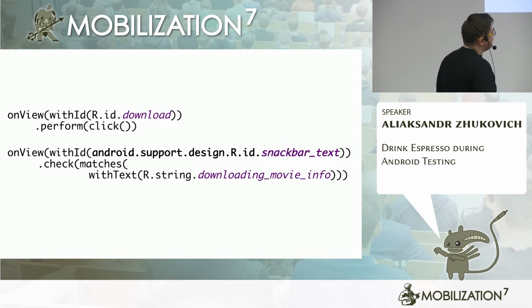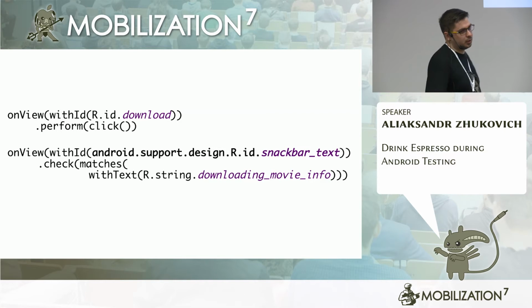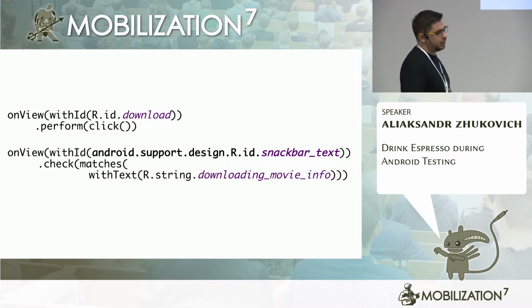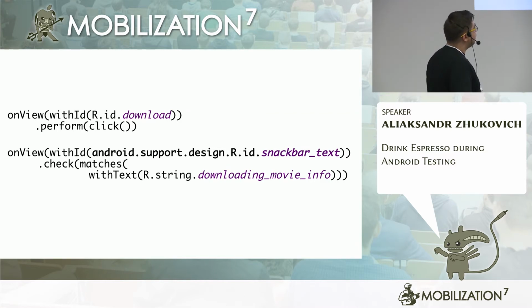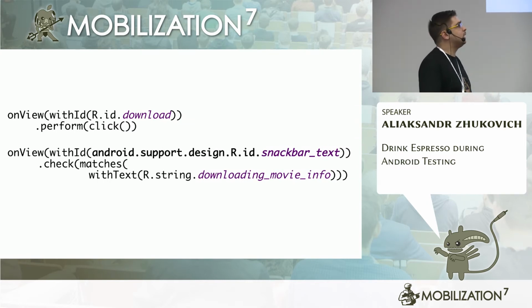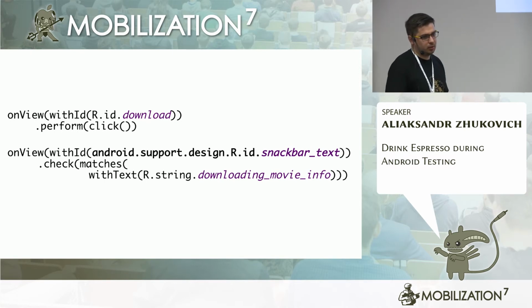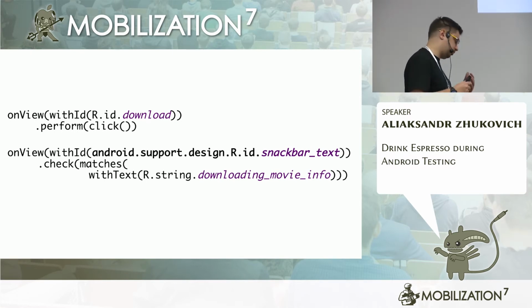A really good sample is the snack bar. And here we use withId and a really long package plus the ID of our snack bar. Unfortunately, it's not easy to understand which ID some components will have in practice. For this, first of all, we of course can check the implementation of the snack bar.